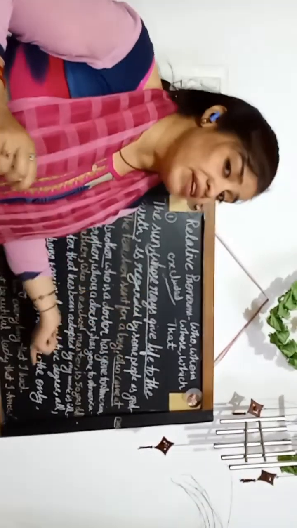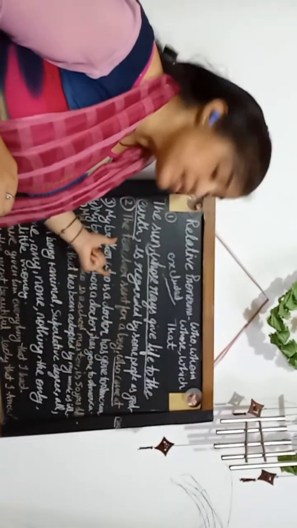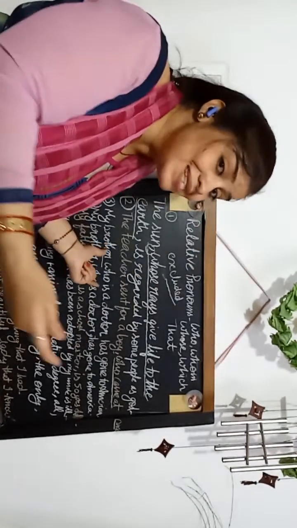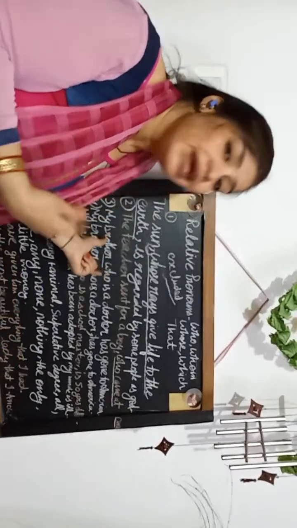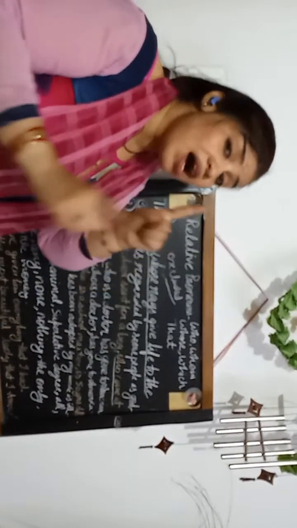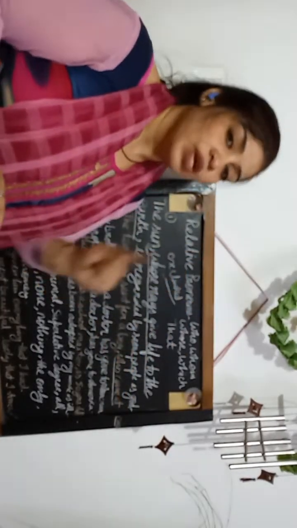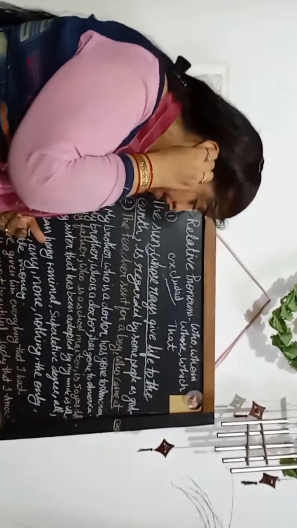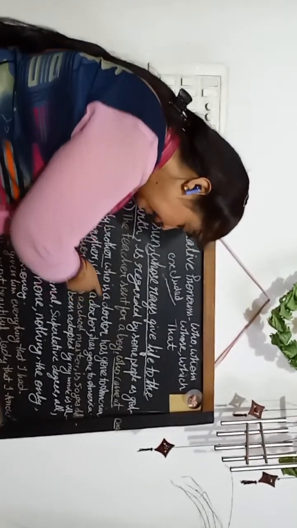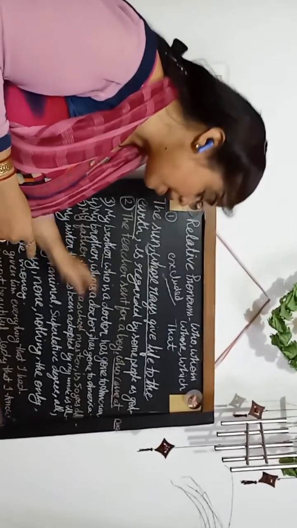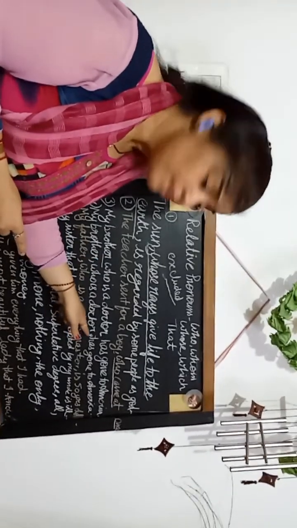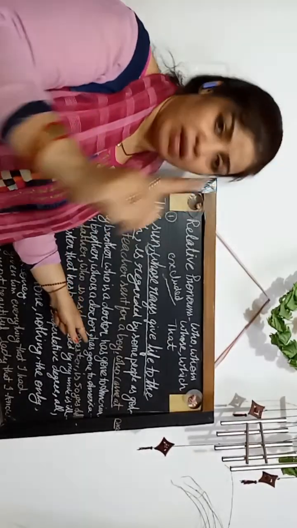And if it is a defining clause, this sentence implies that I have many brothers, and I'm talking about that brother who is a doctor. Got the point? Here it is a defining clause. But in the next sentence, where I'm using commas, it means I have only one brother.